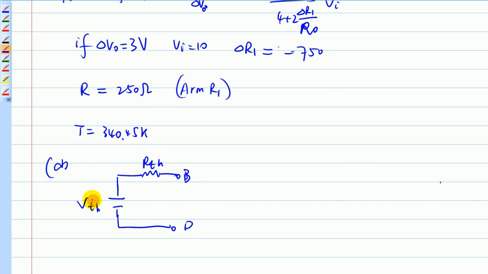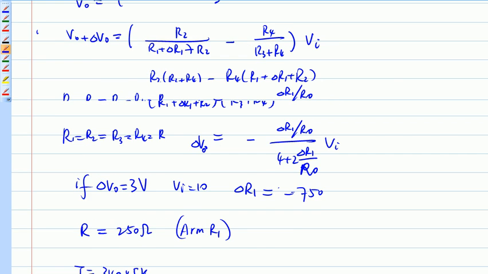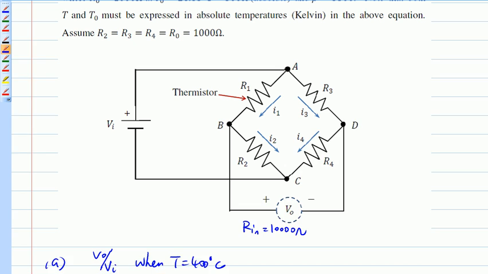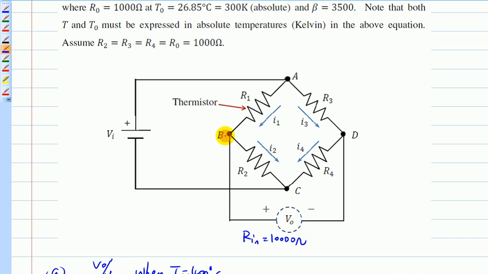Now VTH is basically your output voltage VO, and RTH is the equivalent output resistance between the B and D terminals. So how do I get RTH? Just like the first question you practiced, you need to short the voltage source to obtain the equivalent resistance between B and D. So basically just short here, you're gonna have a short right over here.